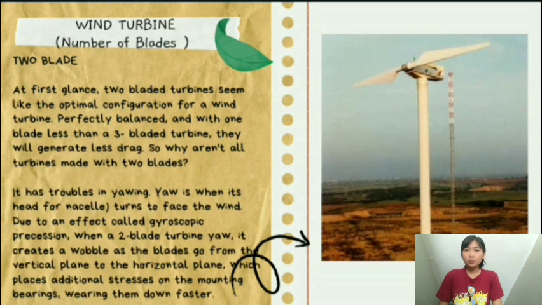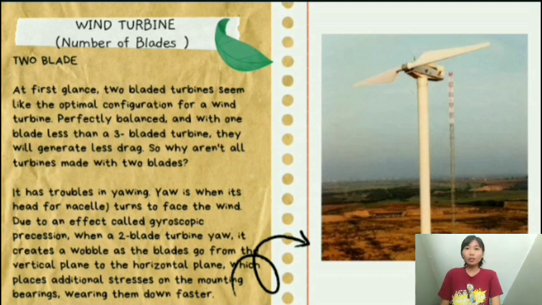At first glance, two-bladed turbines seem like the optimal configuration for a wind turbine. So, perfectly balanced, and with one blade less than a three-bladed turbine, they will generate less drag. So, why aren't all turbines made with two blades? So, hindi na unbalanced kasi two blade na siya, balance na siya. So, pwede na, di ba? Pero, may issue pa rin about this.